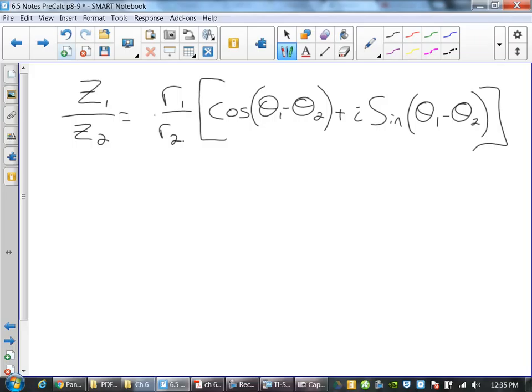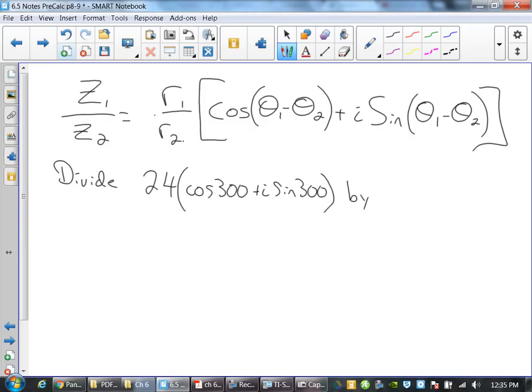Let me show you an example. We're going to divide, and it'll tell you specifically, divide this by this, or it might even write it out, 24 cosine 300, over the other stuff.